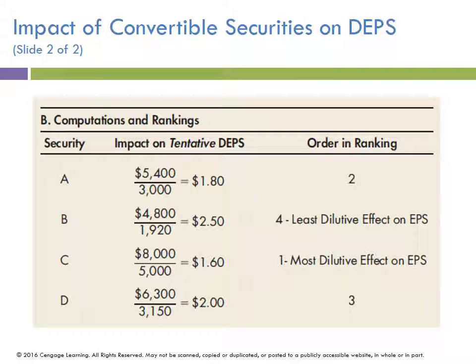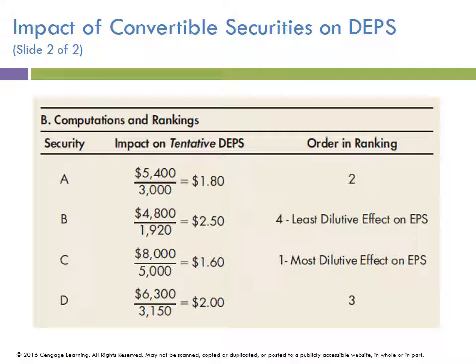So there would be $8,000 more in net income, 5,000 new shares. The lowest impact, $1.60. So the most dilutive because it has the lowest increase to earnings per share. And then the final would be the $6,300 of interest expense we would be saving divided by the number of new shares, which is $2.